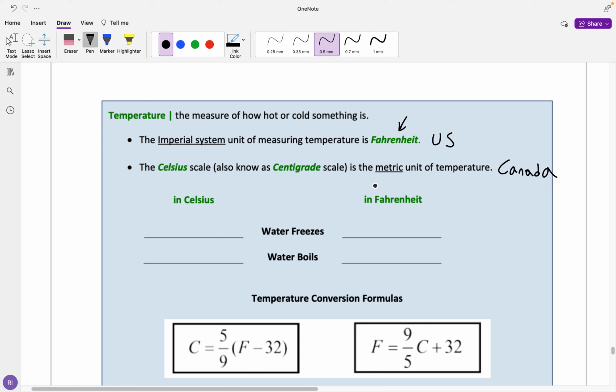Not trying to throw shade to one system or another. They actually both have benefits, and I'll highlight them right now. Celsius was really designed to be based on when water freezes and boils. Water freezes at 0 degrees Celsius, and it boils at 100 degrees Celsius.